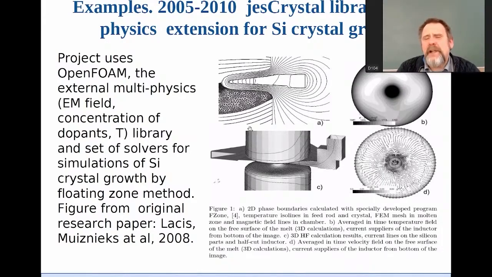But yes, the example itself, which I'm demonstrating to you, is a crystal growth example, by the so-called floating zone model, where we have a silicon beam which is heated by an electromagnetic inductor.